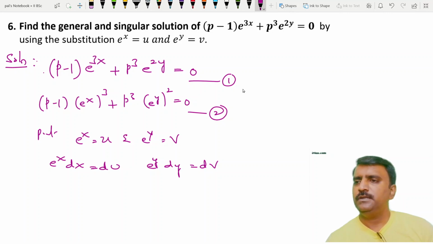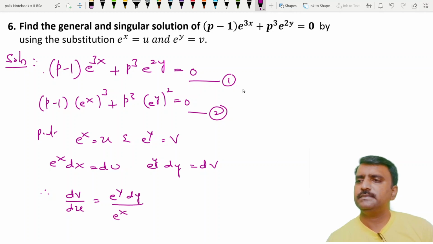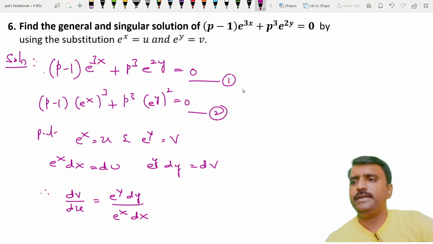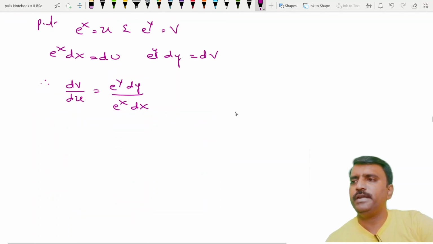Therefore dv by du is equal to e to the y into dy by e to the x into dx, isn't it? So now this dy by dx you can write as p, and dv by du you write as a capital P.